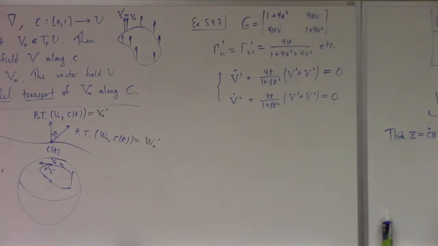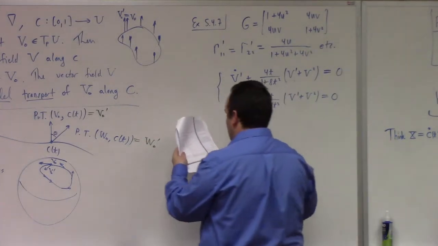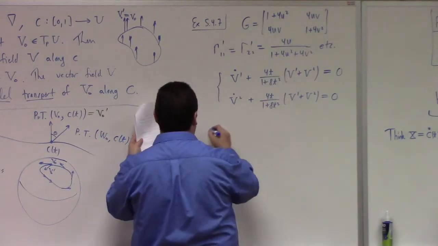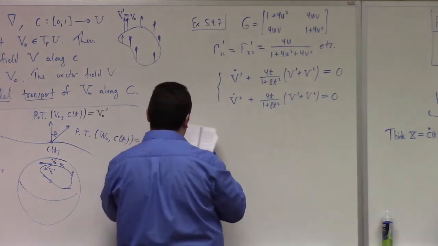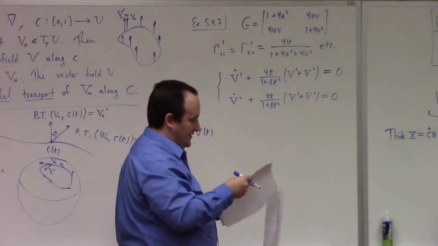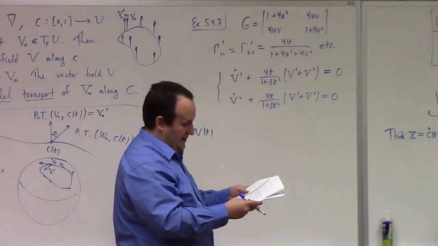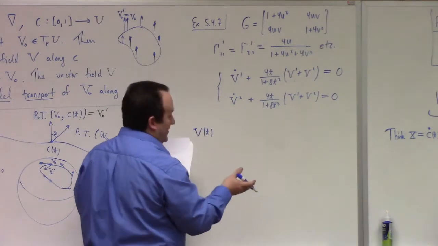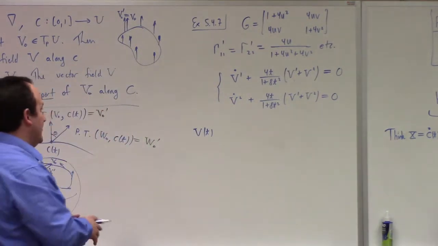And he actually works it out, and these have a solution, in fact, v of t. Let's see here. I may have missed the fine print. Oh yeah, this is for a given curve. You're like, that's too good to be true. It can't be arbitrary general parallel transport.